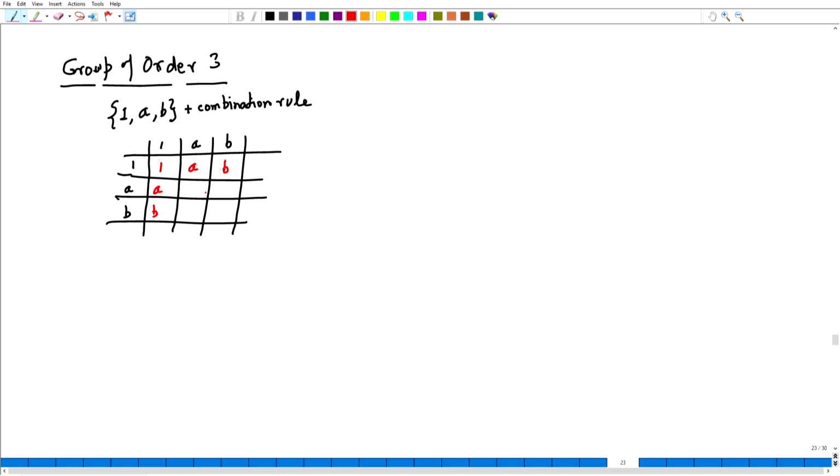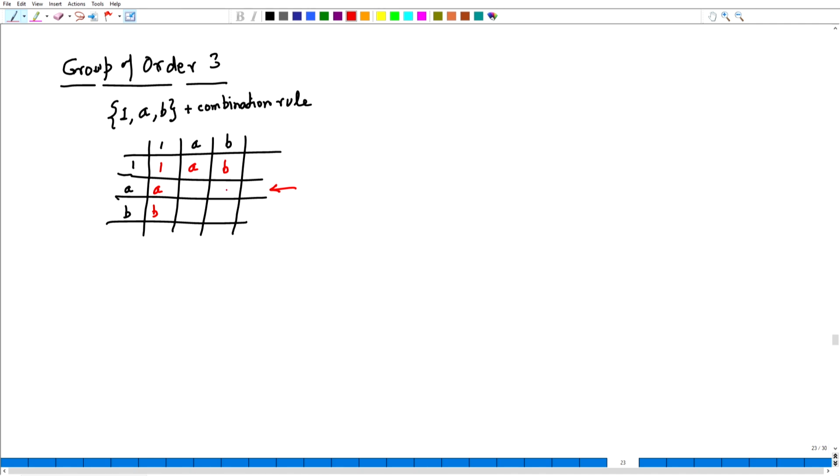Now, we are left with only 4 cells to fill. I do not know what the combination rule is, whatever it is, as long as I am assured that this is actually a group. So, in this particular row, element A is already there, therefore, I can only put the element B or 1 in the 2 cells of this row.